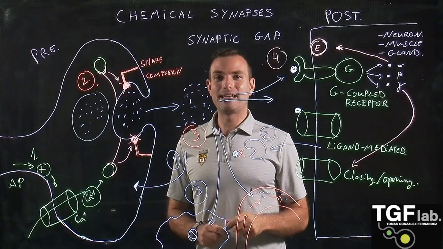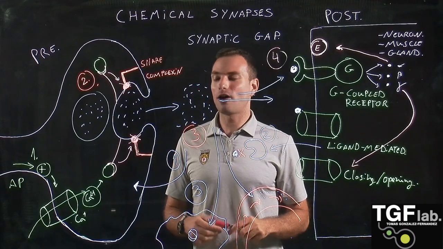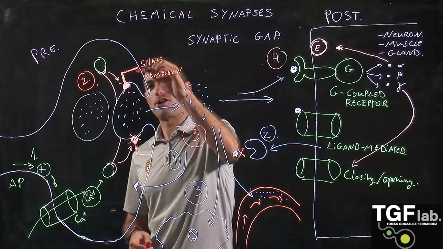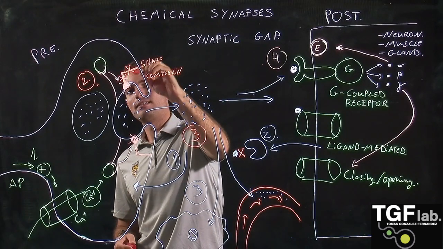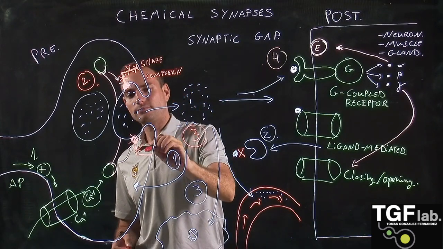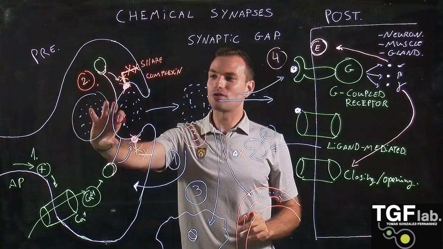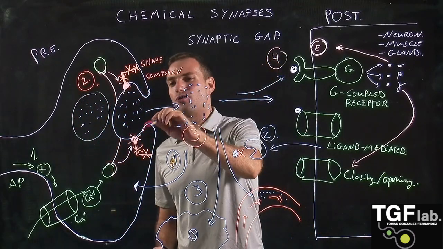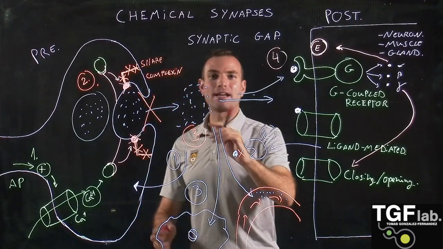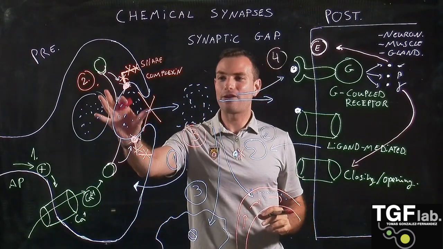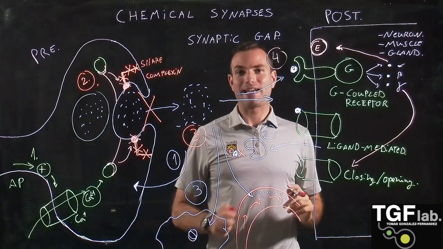So what this botox toxin is going to do is break here the SNAREs. If there are no SNAREs, the vesicle containing the neurotransmitters cannot fuse to the cell membrane. Therefore, the neurotransmitter cannot be released.